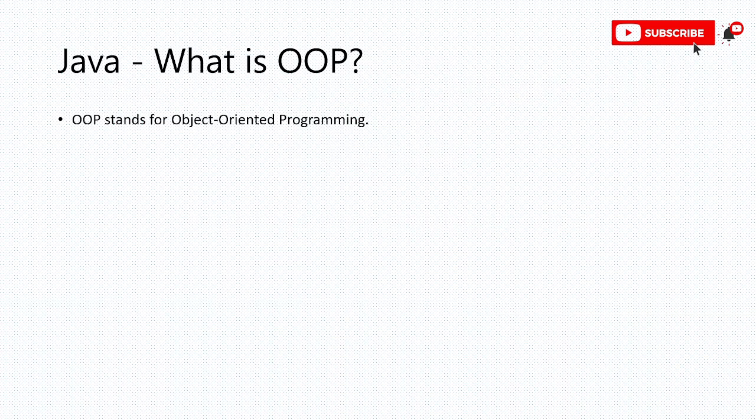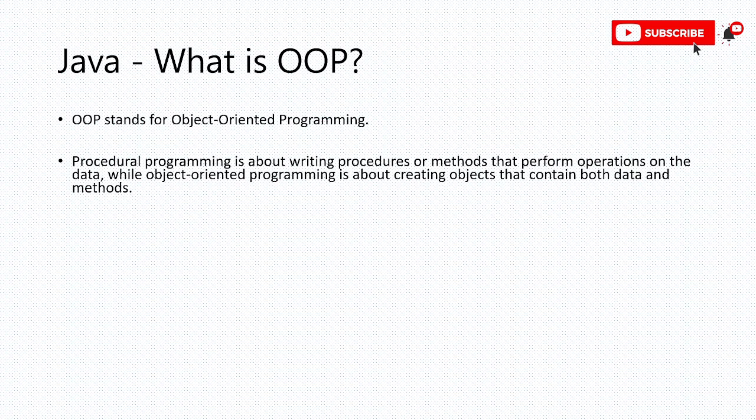So what is OOP? OOP stands for object-oriented programming, and in the hierarchy of programming, we have procedural and object-oriented programming. Procedural programming is about writing procedures or methods that perform operations on the data.